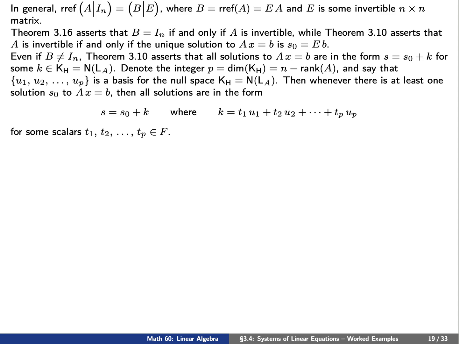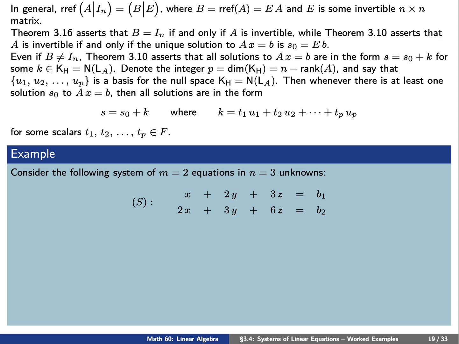Of course, then if we have a basis for K sub H, then we can write every solution S to our system A times X equals B as S0 plus K, where lowercase k is a linear combination of these basis vectors for K sub H.